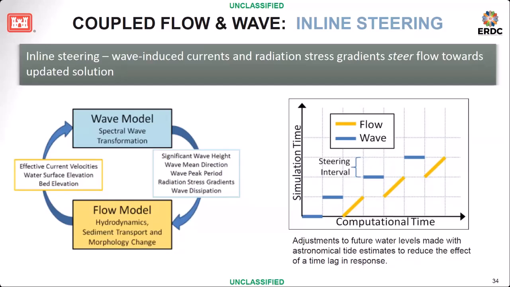Steering is maybe not the word that you would typically use. Sometimes other models use coupled in their terminology. But if you think about it, the steering is kind of a correcting of the flow towards a wave solution that makes more sense, and vice versa. So they kind of steer your simulation along, and they share computational time.